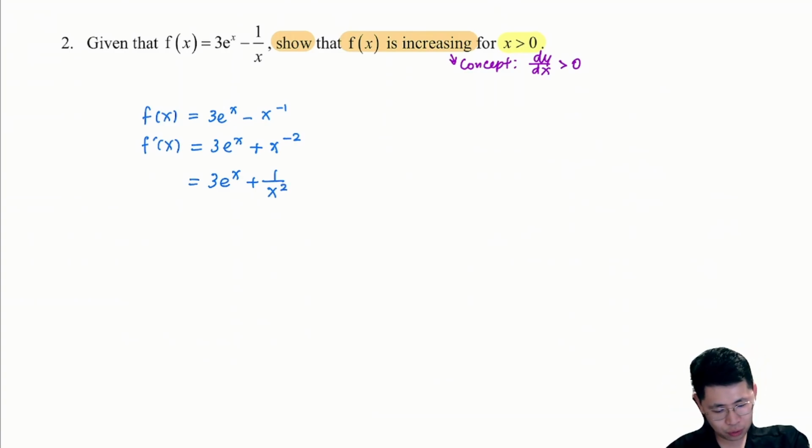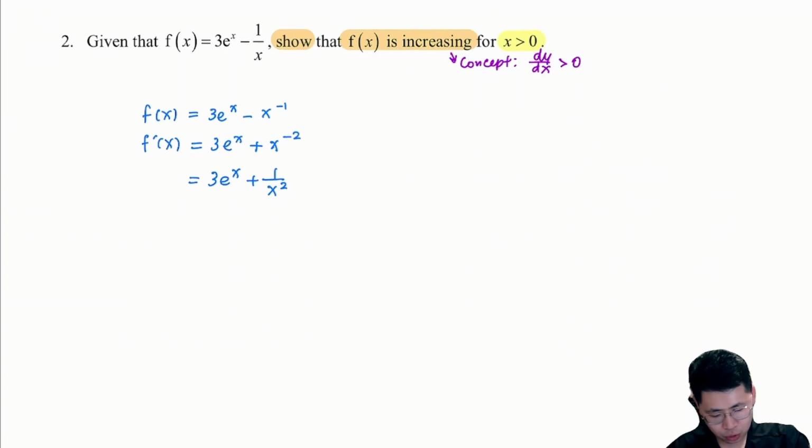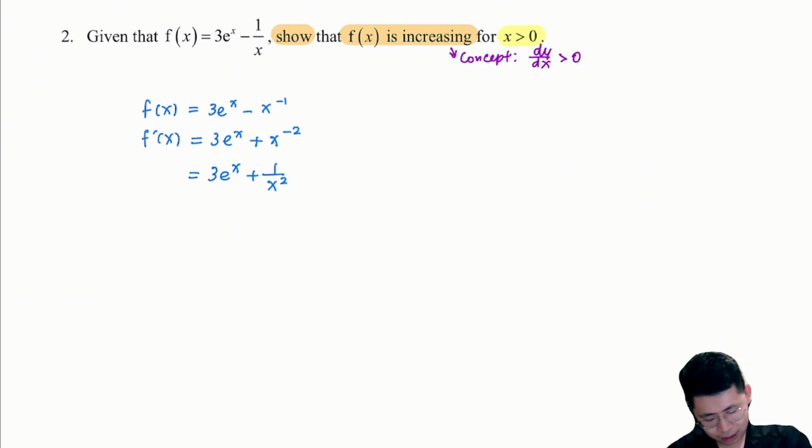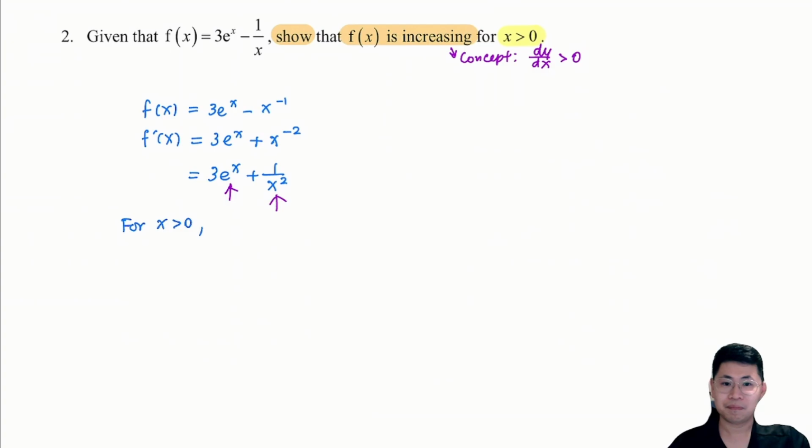Now, to show that this is increasing means that I'm going to show that this is positive, more than 0. How am I going to do so? I'm going to make use of this detail over here. So for values of x more than 0, we analyze this term by term. Let's take a look at this one first. Now e^x is always a positive number, correct?